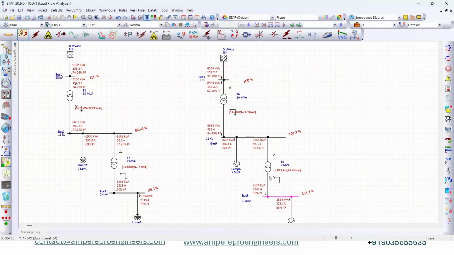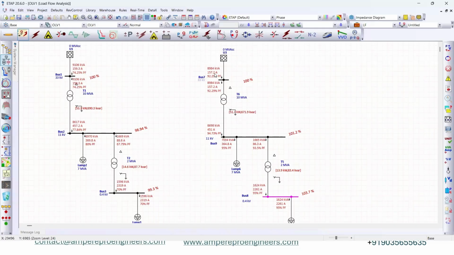But here, because of the improved, higher power factor, instead of 9106 you need 8987, which means we are reducing the apparent power requirement. You don't need to take more apparent power from the grid.